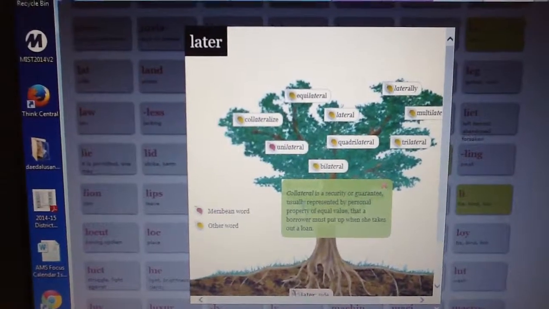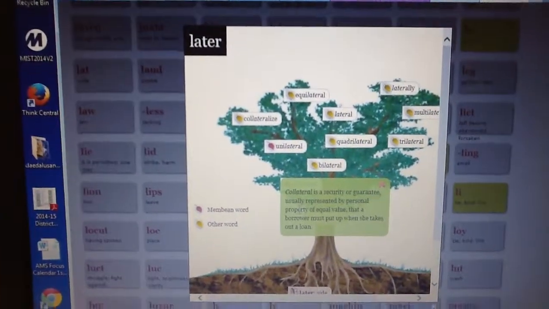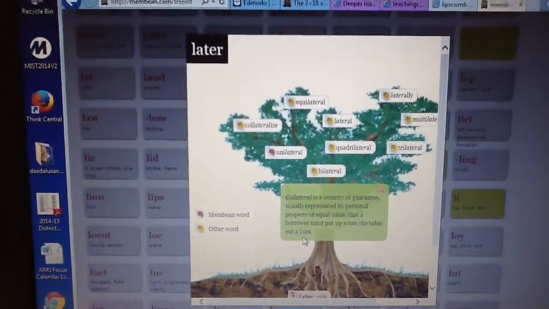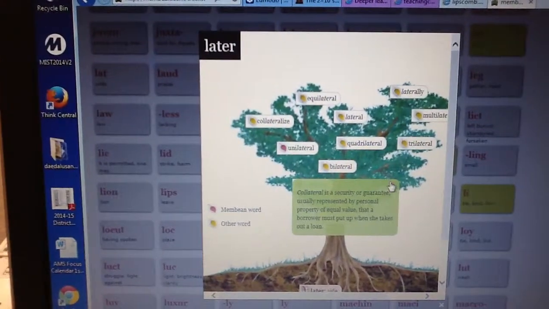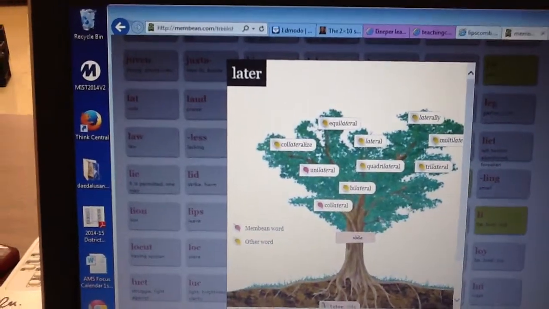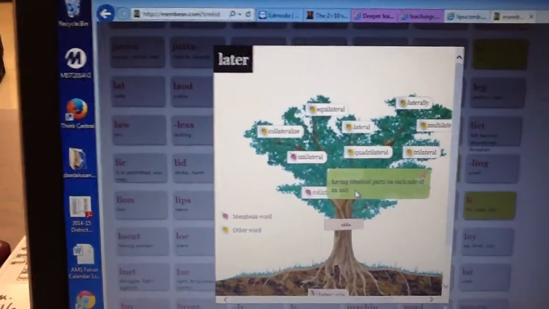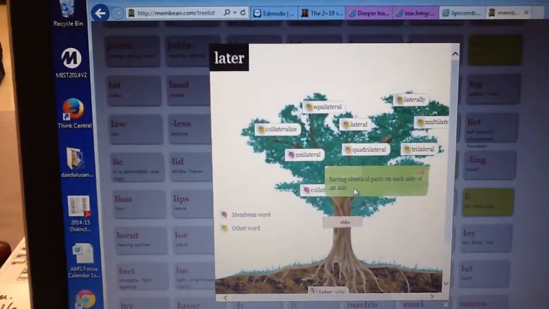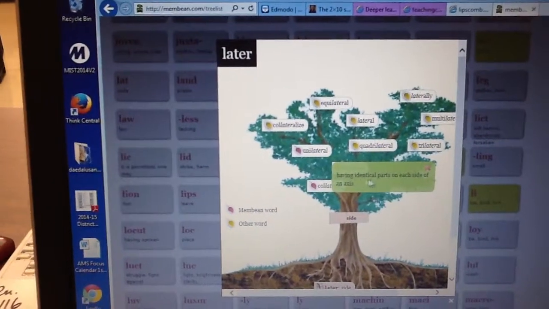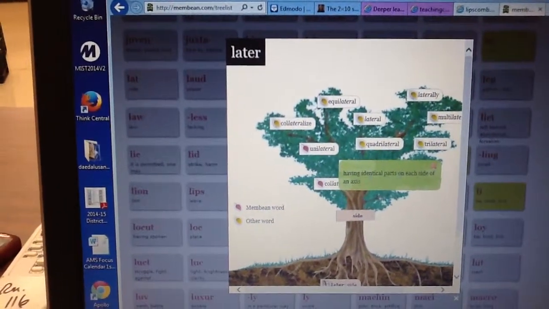It's a security or guarantee, usually represented by personal property. And then you can close that, and students can go to any word on the tree, and it gives them a definition. Bilateral, having identical parts on each side.